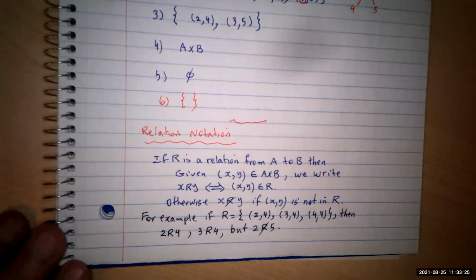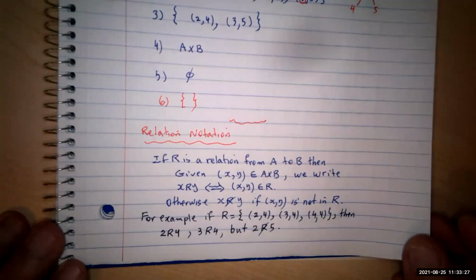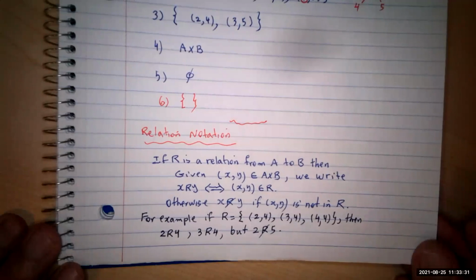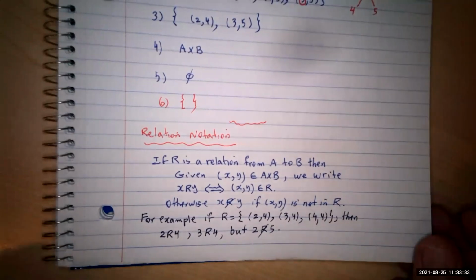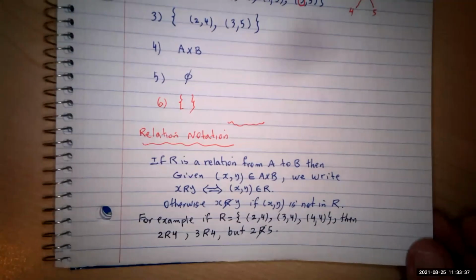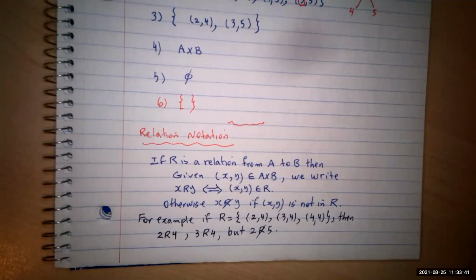Now that will help us give you one of those four examples that you're going to have in your assignments, so you know how to answer those. When you want to give the definition of a relation, you have two options. The first option is you just list the members. But sometimes they give you a formula, a relationship that you can use to generate the members of the relation.